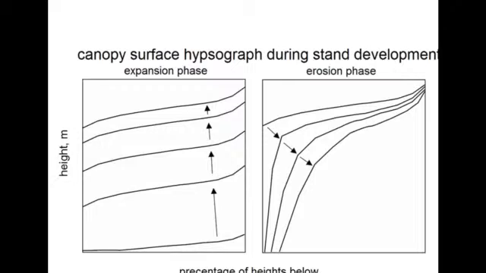On the left side, what you can see is the hypsograph gets progressively taller. In other words, what might be happening biologically is that the hypsograph is flat because the trees are competing with each other, but they're also growing. And then at one phase, the erosion phase, I'll call it, what you have is the creation of gaps, lots of them, and so the hypsograph starts to change in its shape, where you have a fair amount of material near the ground.